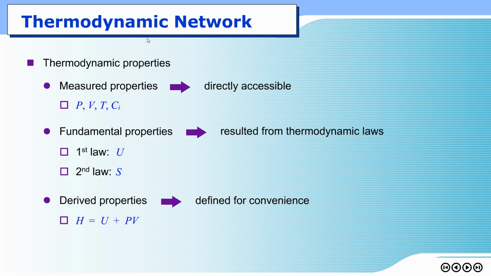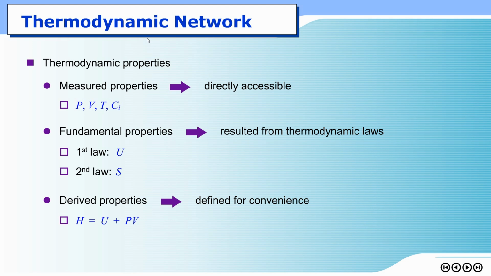For the third group, when we were in lecture 2, we derived enthalpy for our convenience. There are two cases for the convenience of enthalpy definition. The first one is in a closed system. We define the enthalpy change of the closed system under constant pressure to be equal to the heat transfer into the system.